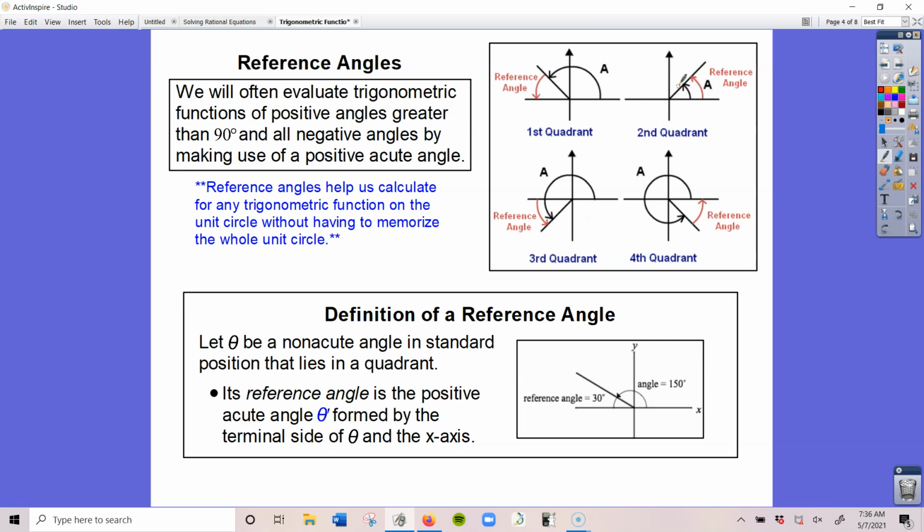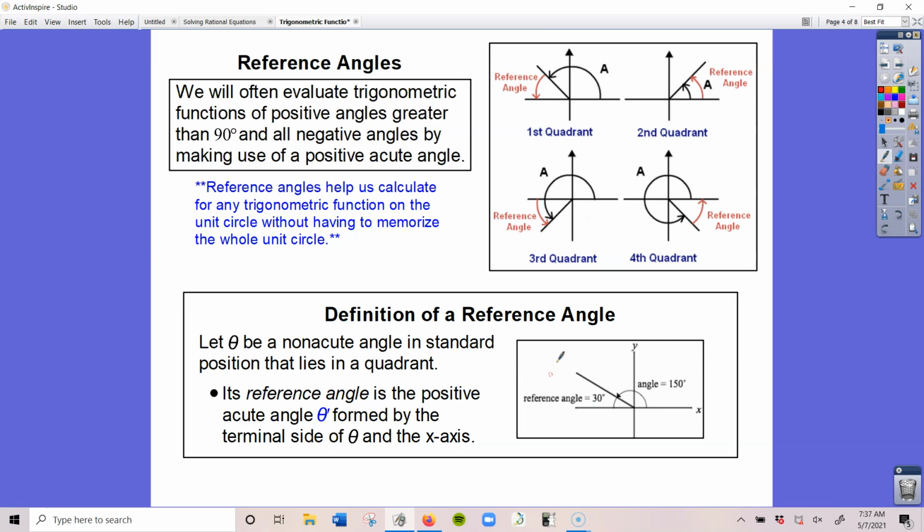If your angle is in the second quadrant, which is over here, then the reference angle would be the acute angle that goes to the x-axis. If your angle is in the third quadrant, then same thing, that red part here. And then in the fourth quadrant, it's always the angle that is closest to the x-axis.